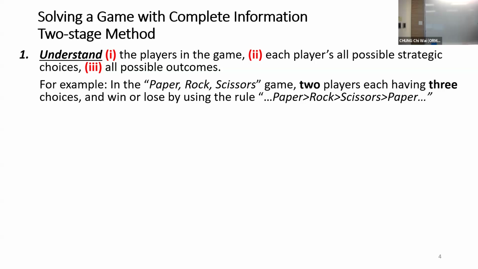If the second player chooses scissors, then the best response of the first player is rock. If the first player chooses rock, then the best response of the second player is paper. Then obviously, an infinite regret occurs. So how do we break this chain?